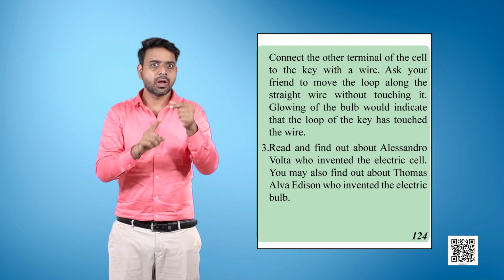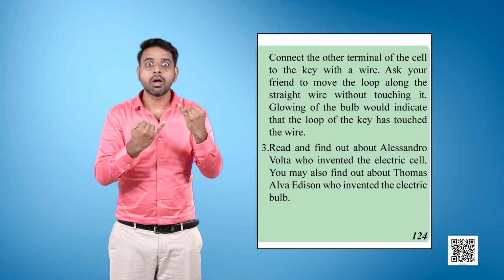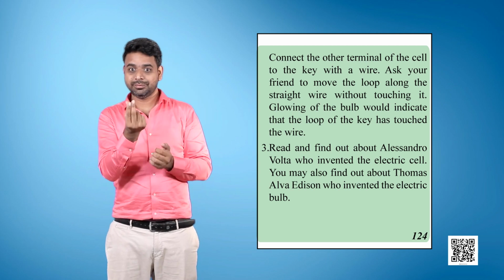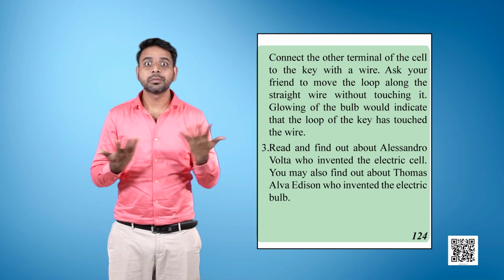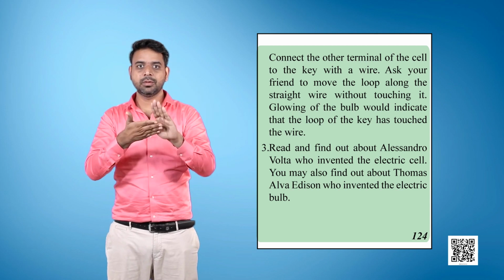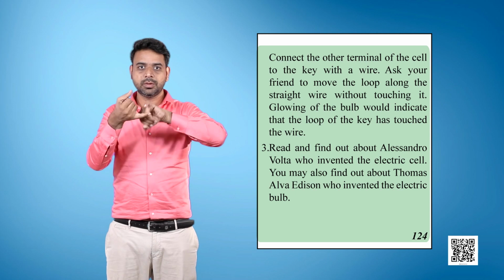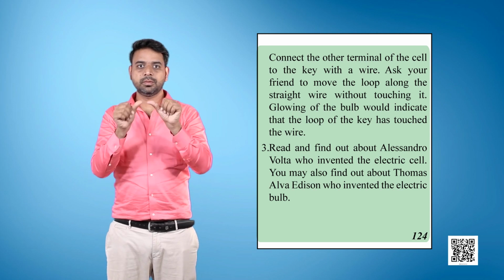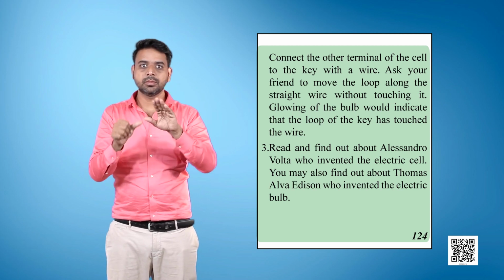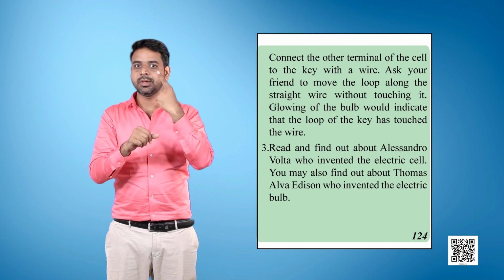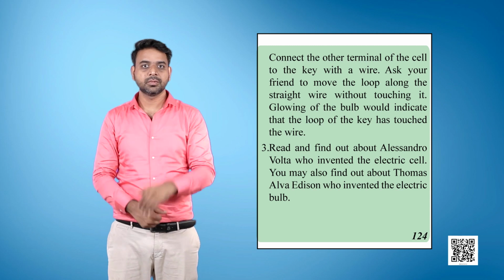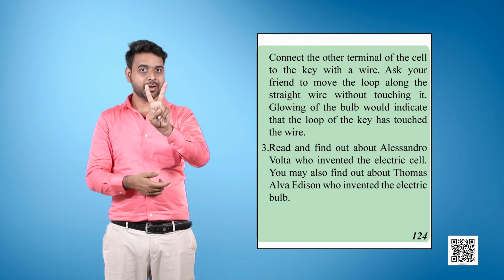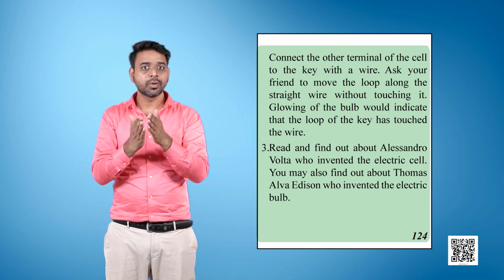You may also find out about Thomas Alva Edison, who invented the electric bulb. Chapter 12 of the total 16 chapters of the book ends here.